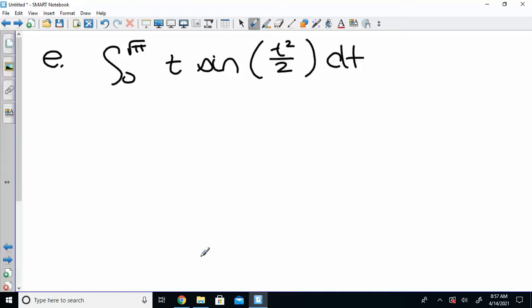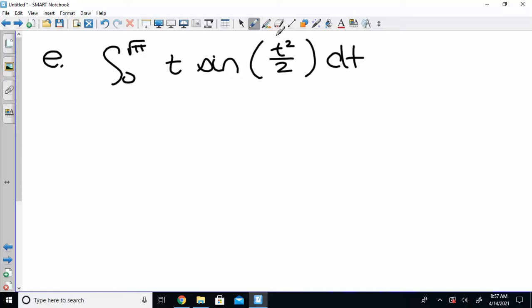Okay. A few of you made your u t squared, and some of you did t squared over 2. You can do it either way, but you have to make sure that your work supports it. If I only make my u the t squared, then when I do the derivative of that thing, I'm going to have to end up doing a chain rule.